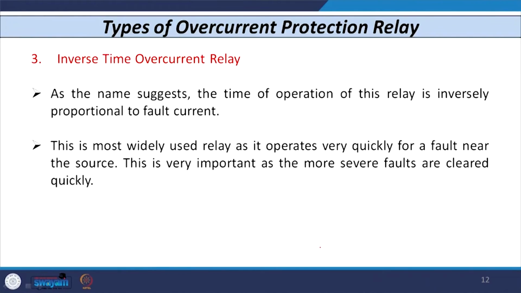Now let us see the third type of relay, that is known as inverse time over current relay. It is also denoted by the letters IOC. As the name suggests, the time of operation of this relay is inversely proportional to the fault current, and it is the most widely used relay, because if fault occurs very near to the source, then the minimum time of operation is achieved and relay operates with minimum time.